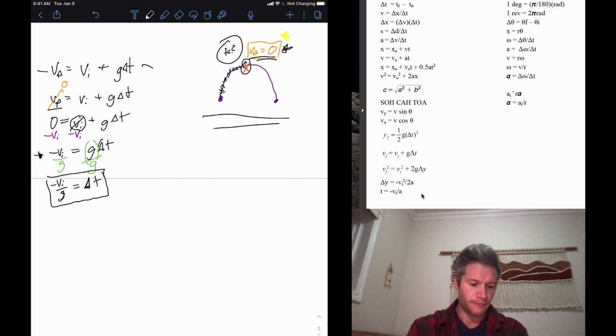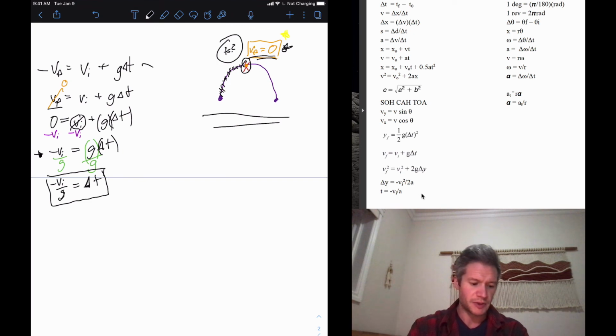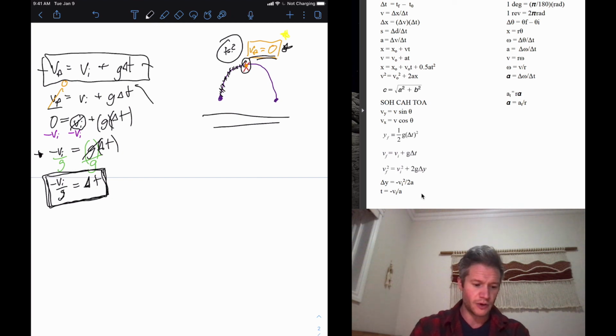So again, delta t, or the change in time, is separate from gravity. So we take gravity, divide both sides by gravity, which means we can cross it off from this side. And here is the equation we end up with. Okay. Again, a simplified version of what we started off with, but it saves you all this time when you're on an exam. Okay.